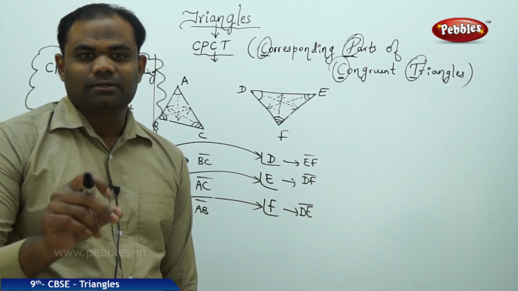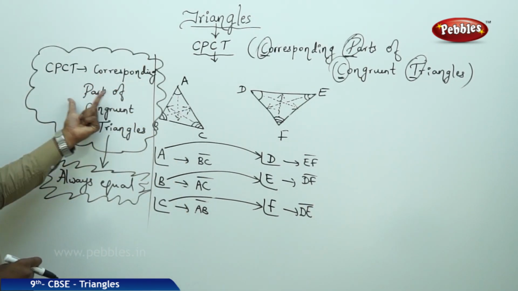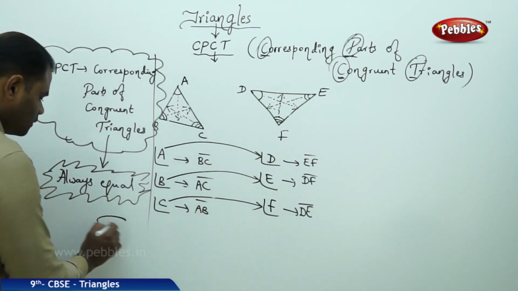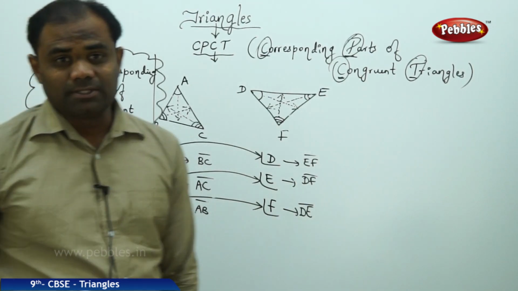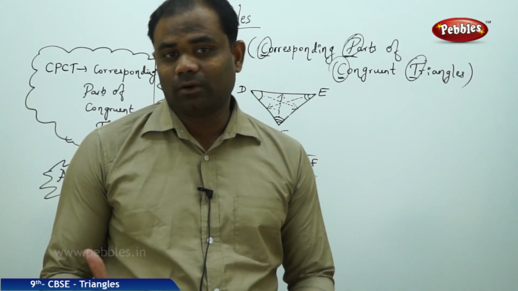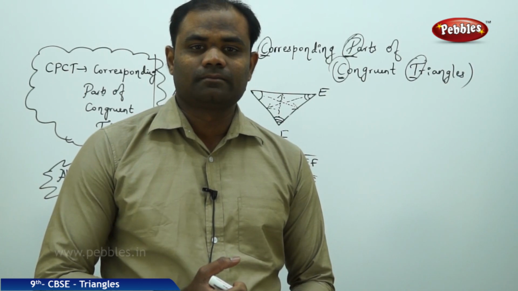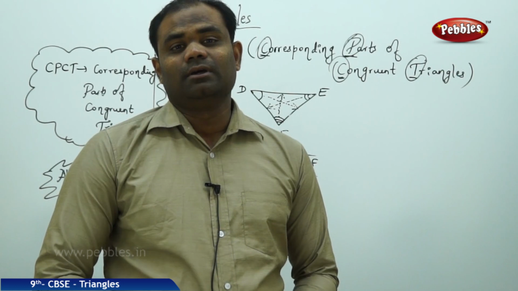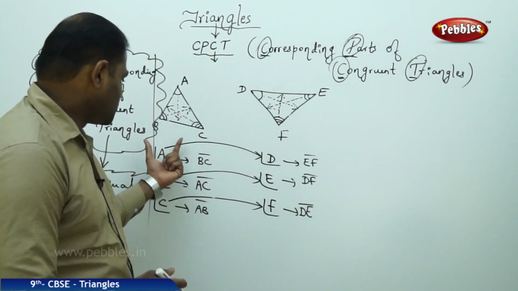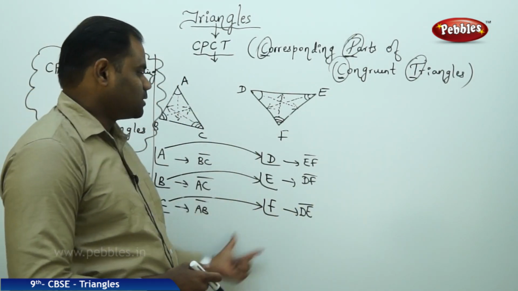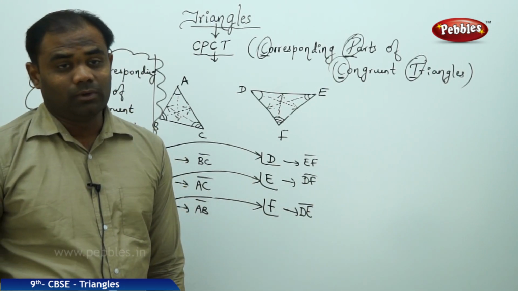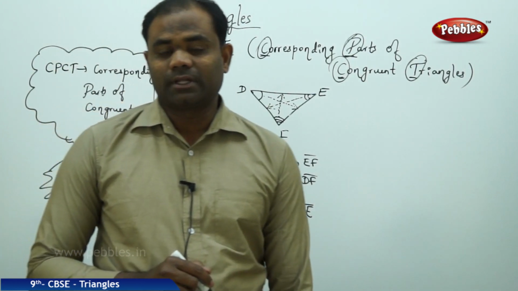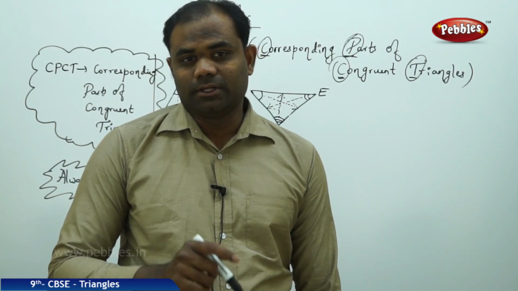By CPCT, we can say the corresponding parts of congruent triangles are always equal, connected with the congruency of two triangles. For any two congruent triangles, the corresponding parts must be equal. In this case, corresponding angles and corresponding sides are always equal, which is how we understand the properties connected with CPCT.